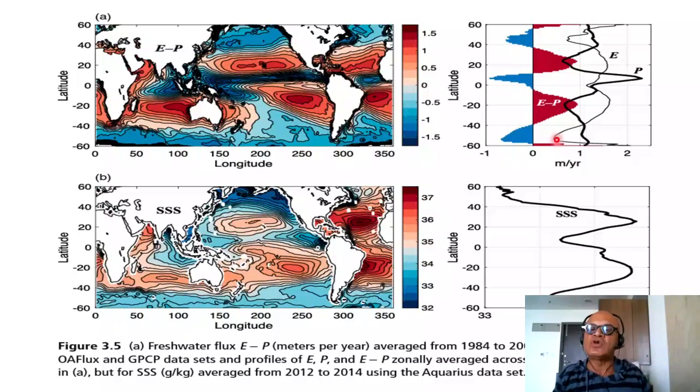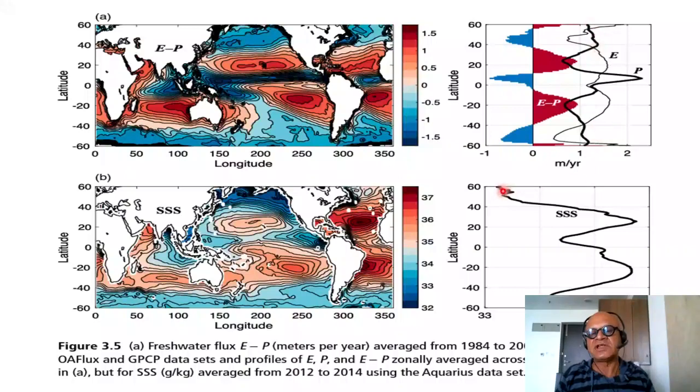Okay, and you can see the stark contrast here again in E minus P, which corresponds to the salinity as well. So if you look at the zonal mean meridional sections here, you can obviously see the E minus P positive regions and E minus P negative regions with the high latitude storm tracks, as well as the ITCZ, intertropical convergence zone, and you see evaporation high here, low here, low here, high here, and low here, and precipitation of course is high in the ITCZ region, low in the subtropical gyres, and higher in the storm track regions, which has a hemispheric asymmetry as well.